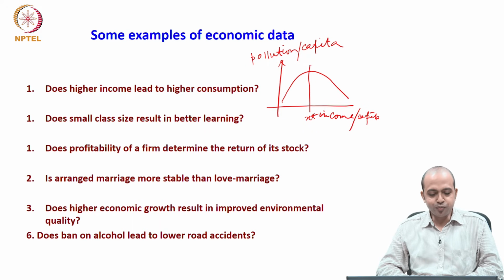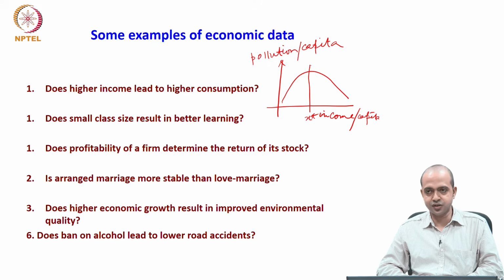So that is also, that means, and road accidents, how we drive a car on the road, that is also an economic decision by the driver. If you drive fast, of course you will reach the destination fast, but at the same time there is a cost involved.